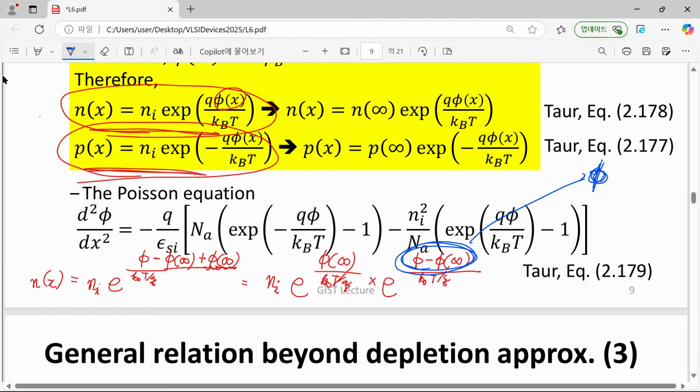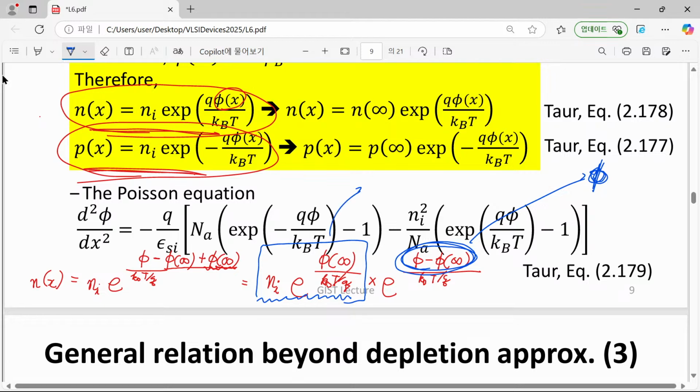Then now please have a look at this leading coefficient. How does it look? Intrinsic carrier density times exponential of phi at p substrate. This expression itself looks like an electron density expression, but measured at what? Where?